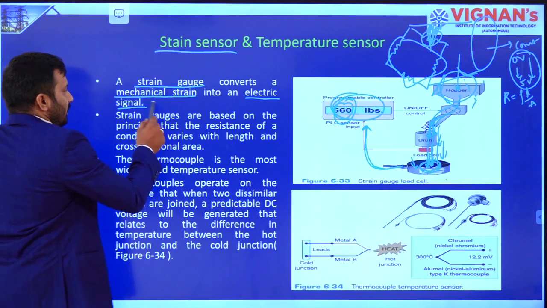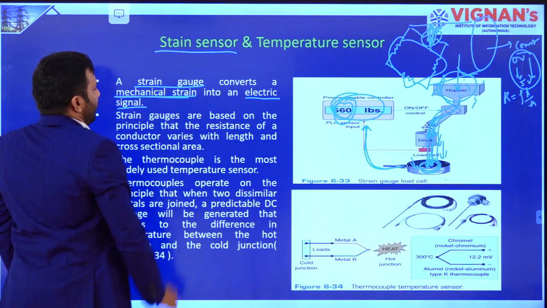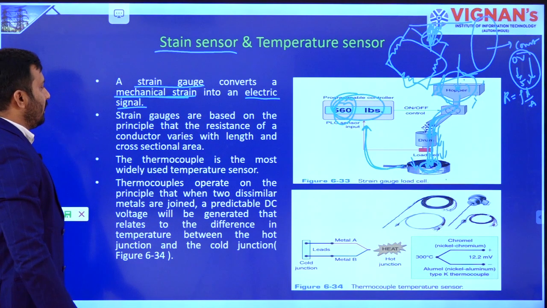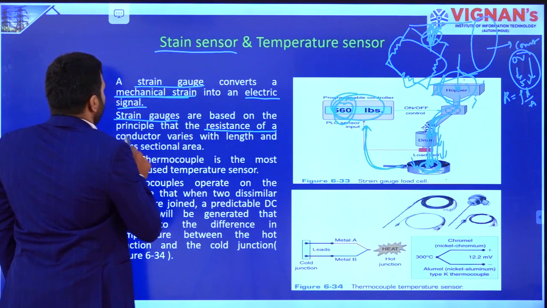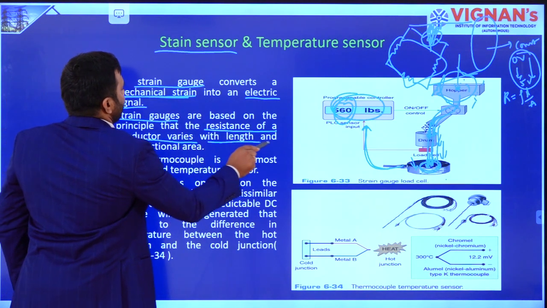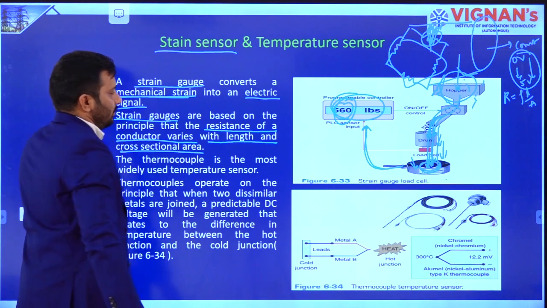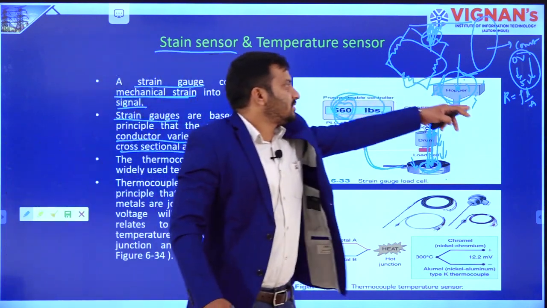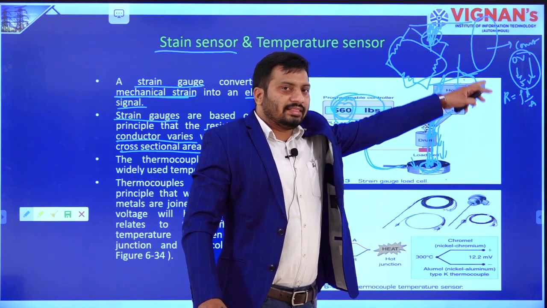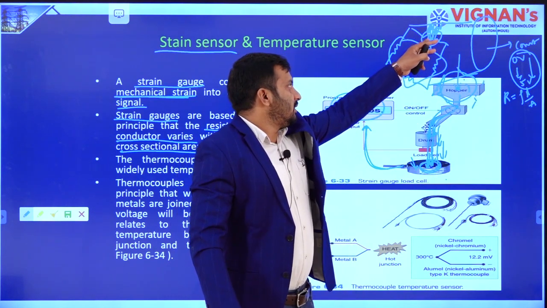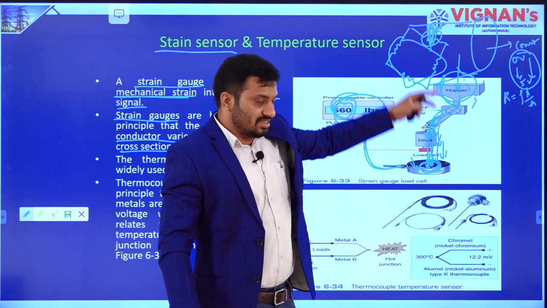So it converts mechanical strain into an electrical signal. The strain gauge is based on the principle that the resistance of a conductor varies with length and cross-sectional area. Resistance varies with length and area, and length and area change with the weight placed on that resistor.